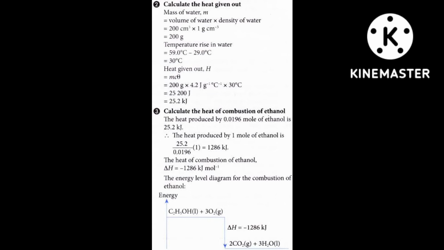Then H2 plus half O2 gives H2O, liquid, and its delta H value is given as minus 285.83 kilojoule. Now 3 equations you have written.